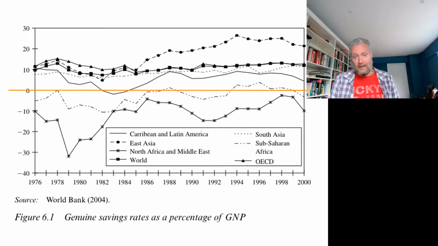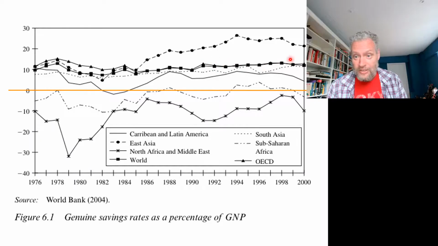You can look at these things over time and over space. This is genuine savings rates for groups of countries, and some countries are doing well. East Asia is adding to its stock of wealth. The world as a whole is adding to its stock of wealth.